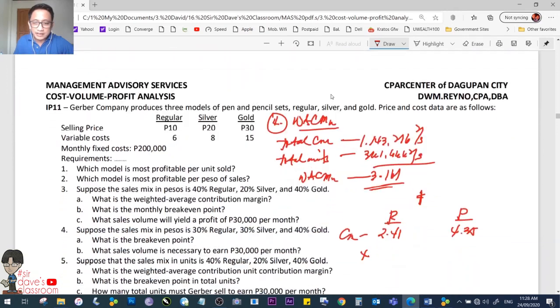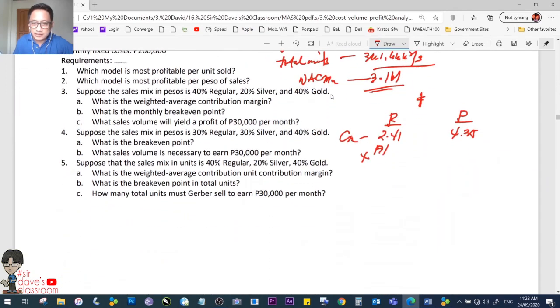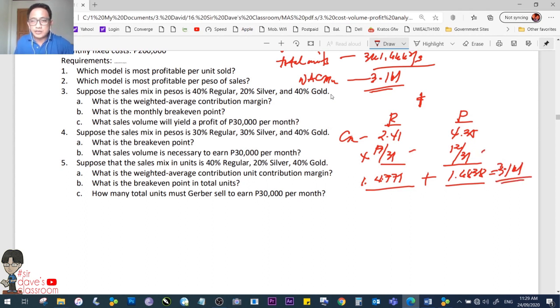And that must be 19/31. Ladies and gentlemen, 19/31. And this one must be 12/31. Now, parehas lang talaga. Kaya mangyayari dito, this one must be 1.4771. Alright? And then, 1.6838. Pag pinag-admin dalawang yan, syempre, 3.161. Alam mo din na parehas lang kalalabasan because of the ratio, yung ating sales mix, but we are to remove those doubts in your head kasi baka ganito yung nakasanayan mong format on how to compute.